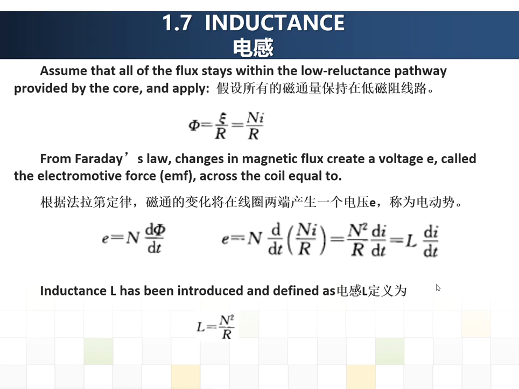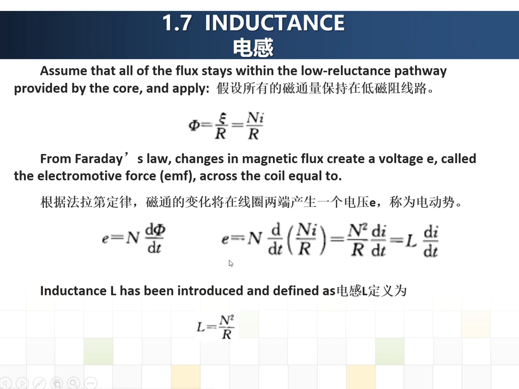From Faraday's law, change in magnetic flux creates a voltage across the coil. Therefore, the voltage E, also called electromotive force, is equal to N multiply d phi divided by dt.